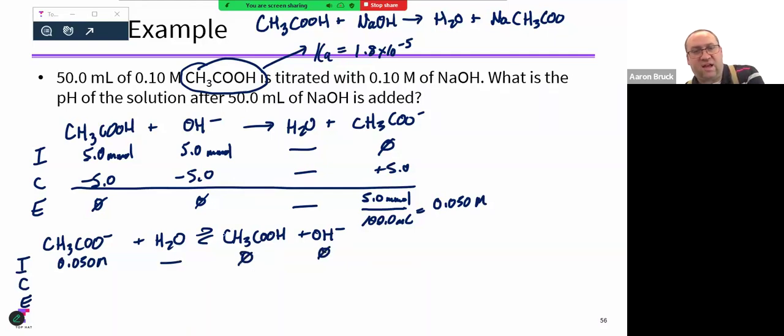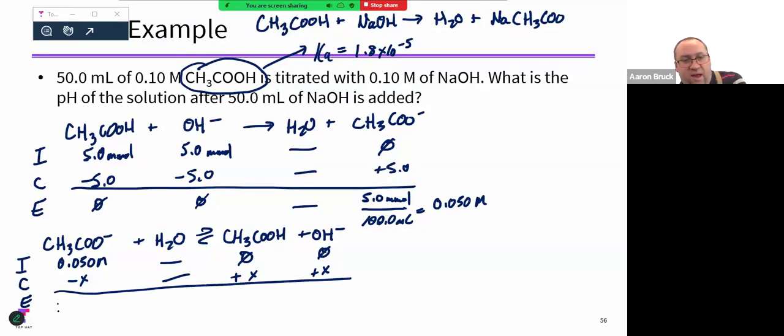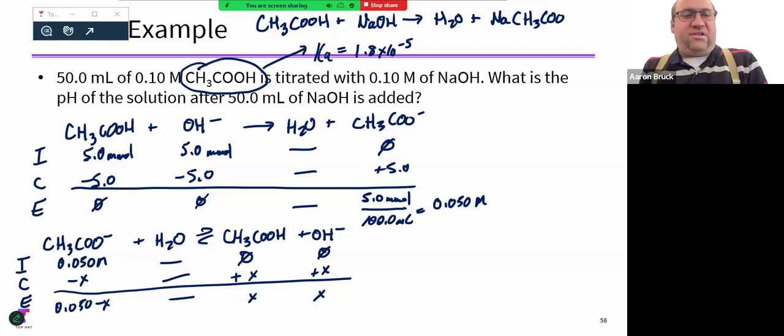We have no hydroxide and no acetic acid, and that's evidenced by the above ice table as well as just logic here. We're going to lose some amount of acetate, gain some amount of acetic acid and hydroxide. And so at equilibrium, those are our concentrations. X for each of the products, 0.050 minus X for the acetate ion.